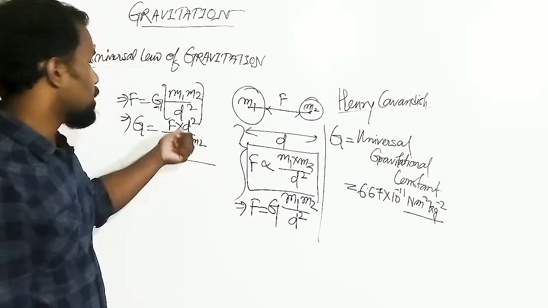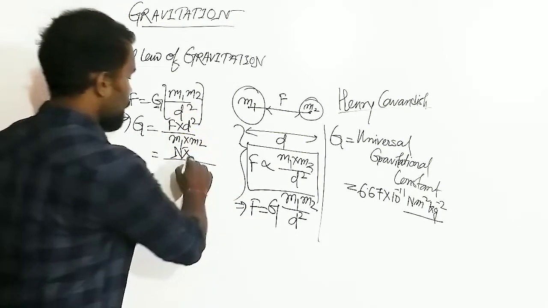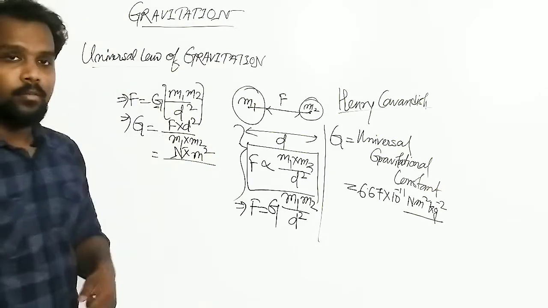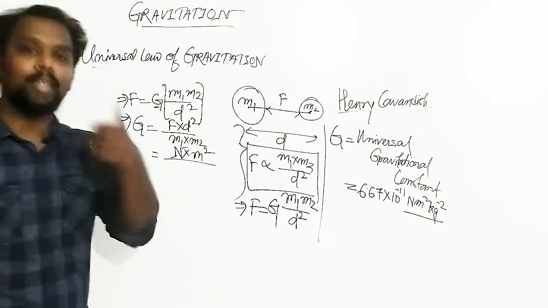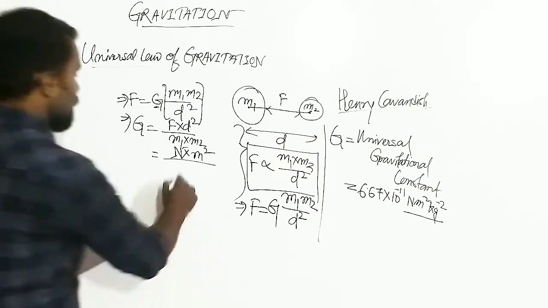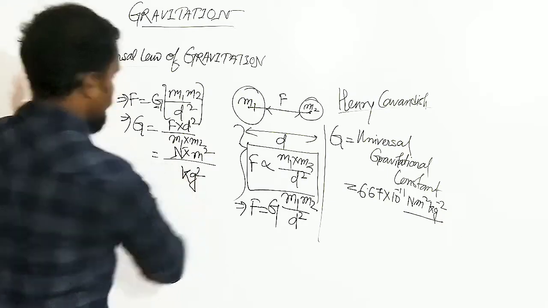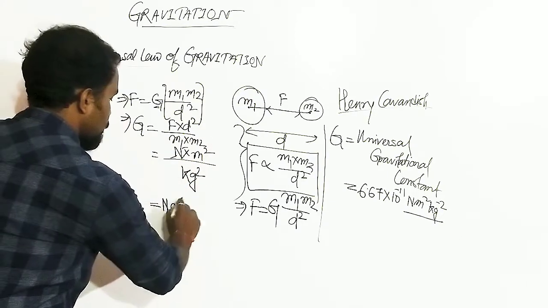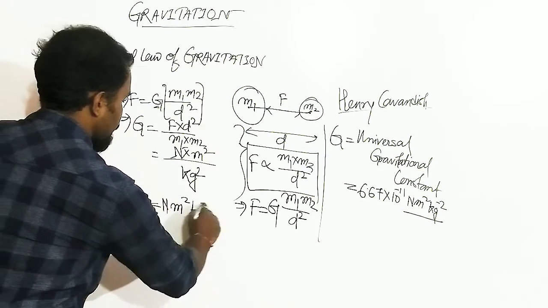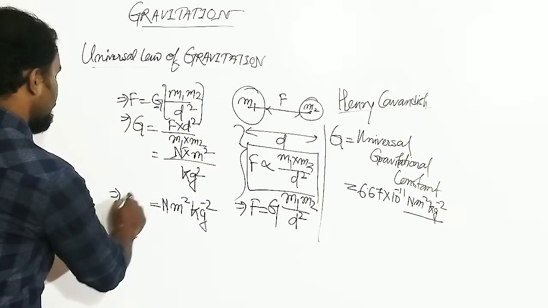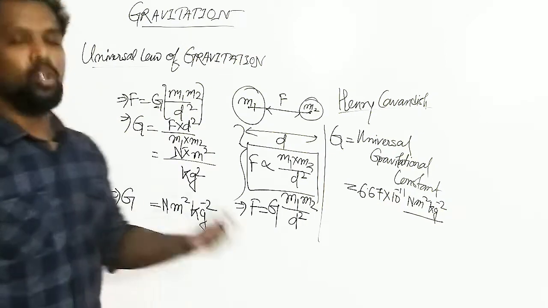But here distance is in square terms, that means the meter is going to be squared. Again, here are two masses, one mass is 1 kg, and the other mass is 1 kg. So kg into kg is going to be kg square. So we can write Newton meter square per kg square. Right? That's how we got the unit, or it's also a dimension actually.